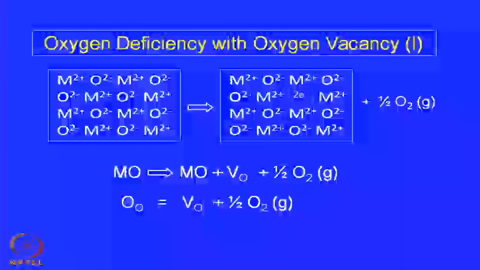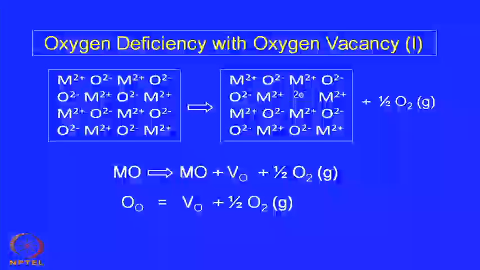These are the four possibilities, and all these possibilities can again be realized by two alternatives. Oxygen deficiency can be created either by oxygen vacancy or by metal interstitial. Both of them are equivalent so far as the ratio is concerned.